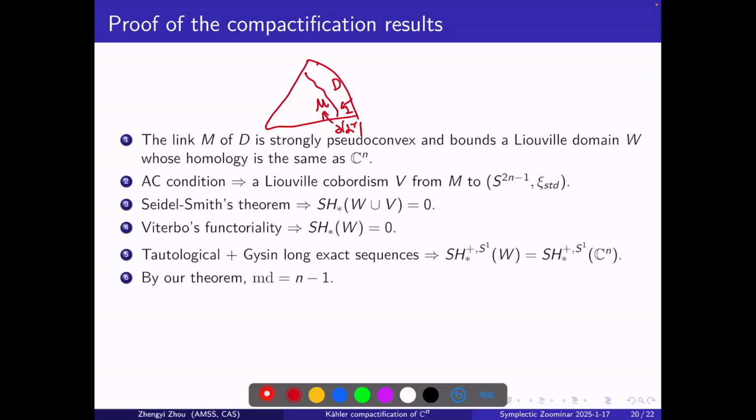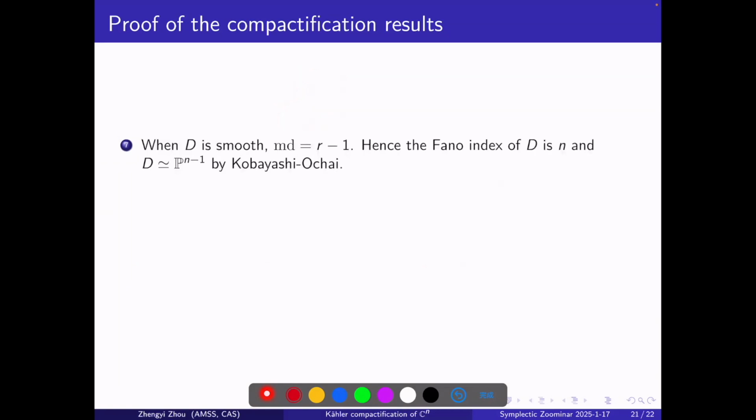Yeah, so we know that the minimum discrepancy of the singularity corresponding to this D and L is -1. And that implies, from our basic example, where if D is smooth, we already showed that the minimum discrepancy is exactly the Fano index minus 1.